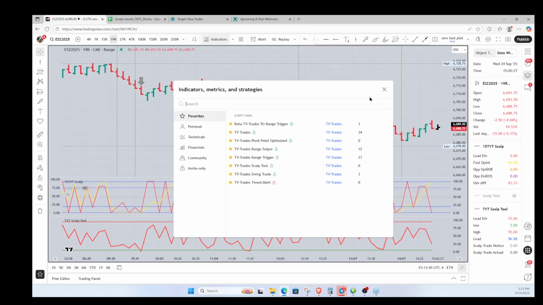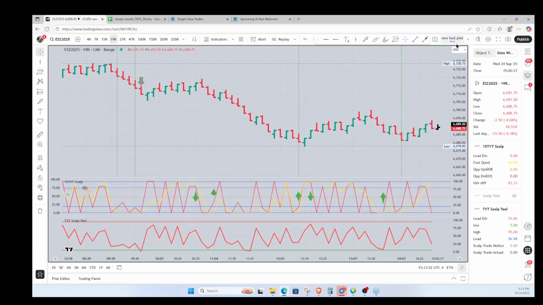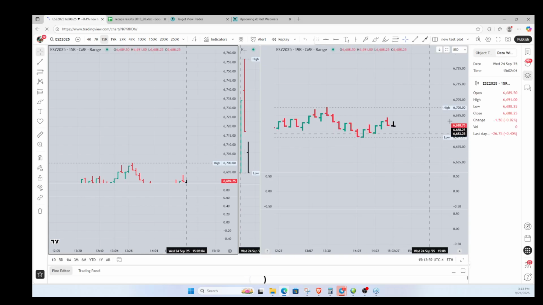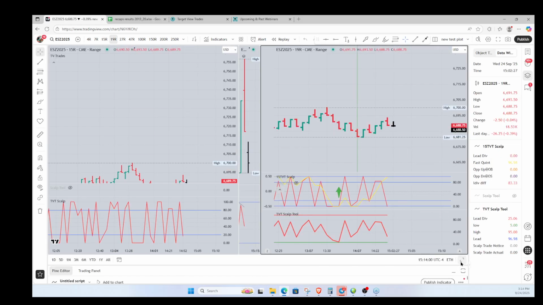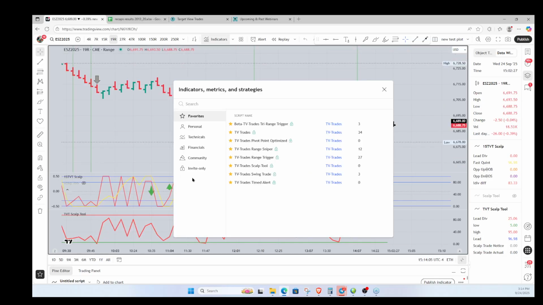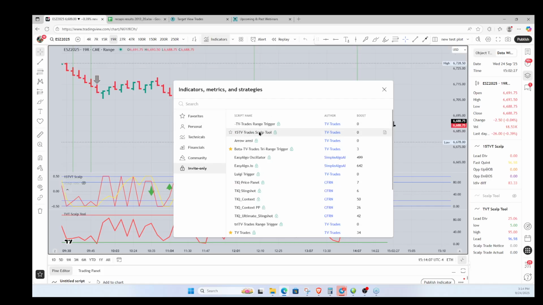So you're going to have to refresh your charts, and by that I mean just hit this thing right here, and that will refresh them. I'll save this right now, and if I hit refresh like that, it's going to bring this back up, and this is the one we were working with. So I'll go to invite only, and here's the one that I couldn't see a minute ago, right here, this one up on top. That's all you have to do.